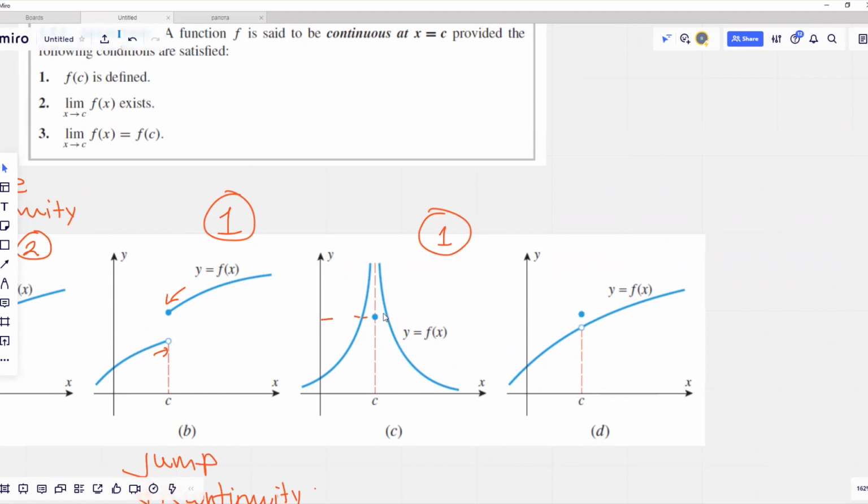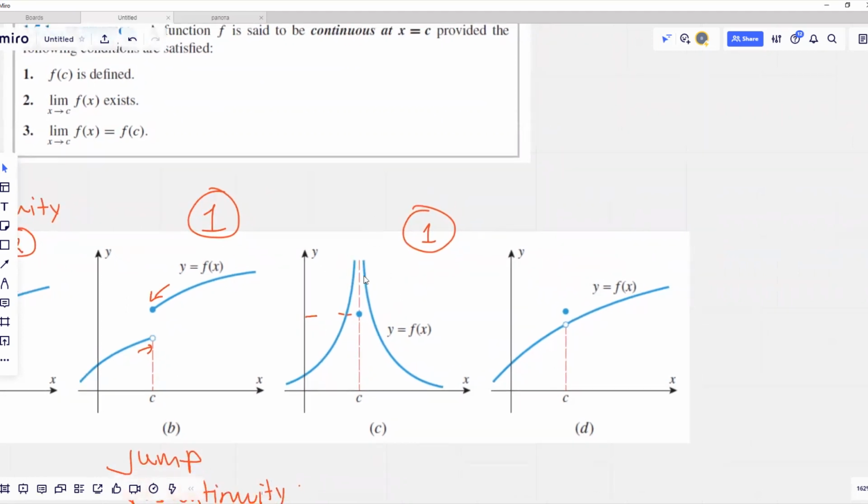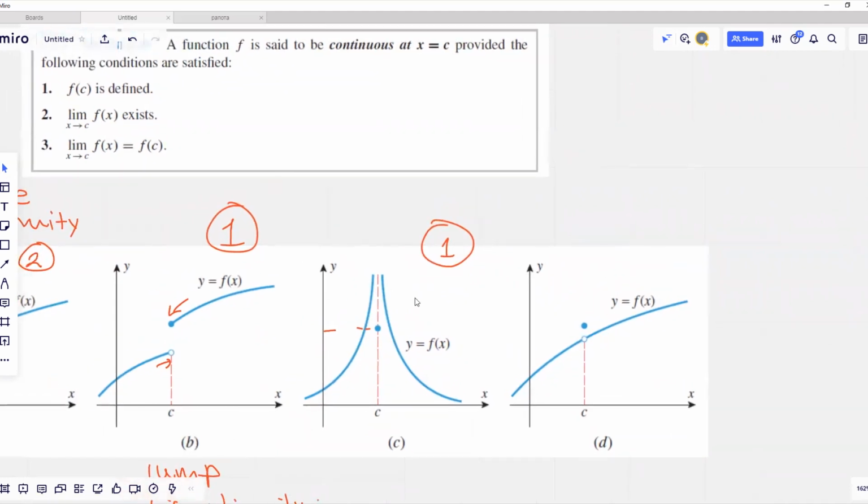And if you recall from our previous lecture, when a limit of f of x goes to infinity, we say that this limit doesn't exist. All right, so this type of discontinuity is known as infinite discontinuity. So basically, the second condition here fails.